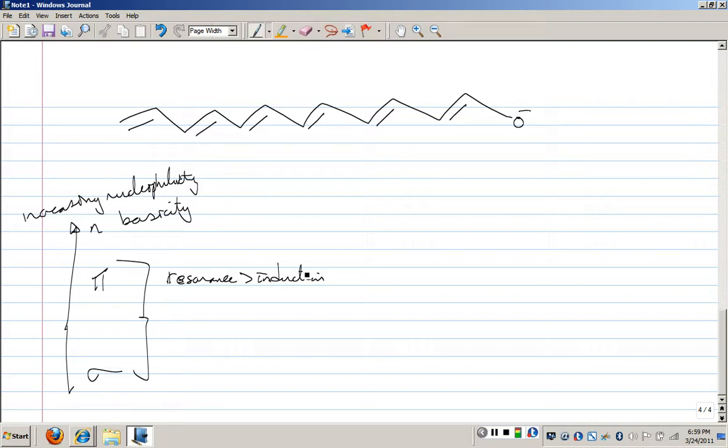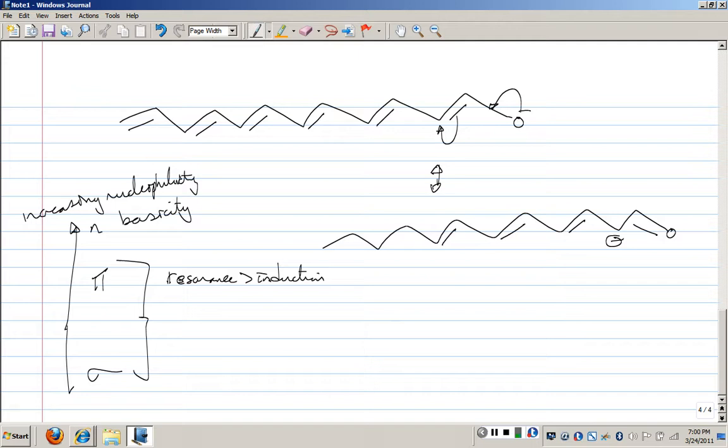But the other big feature of resonance is, as long as I can have my minus charge a single bond away from a multiple bond, I can get resonance. So I can draw this resonance form. I'll have this and a minus charge. But I'll still have a minus charge, a single bond away from a multiple bond.